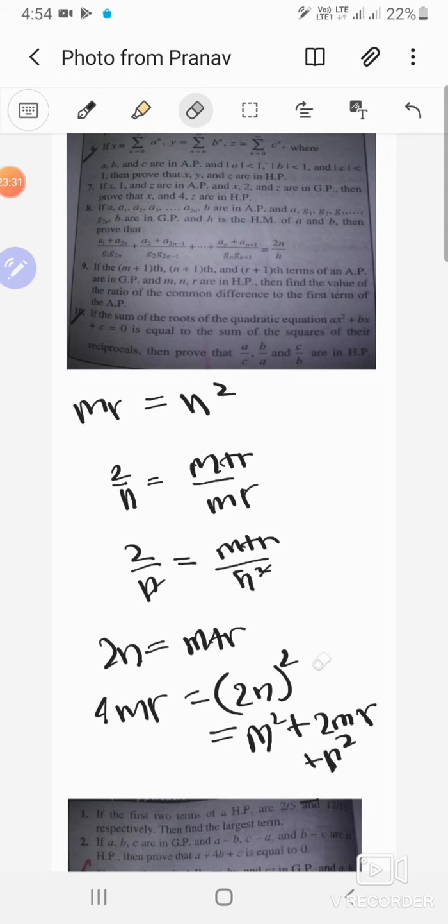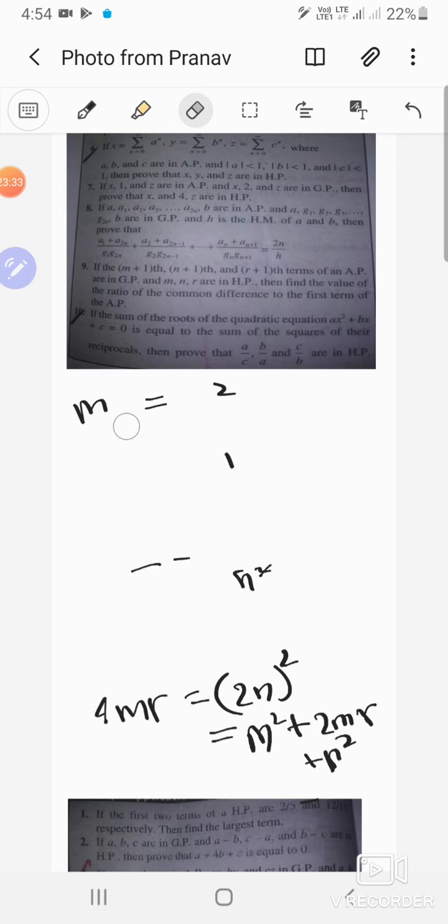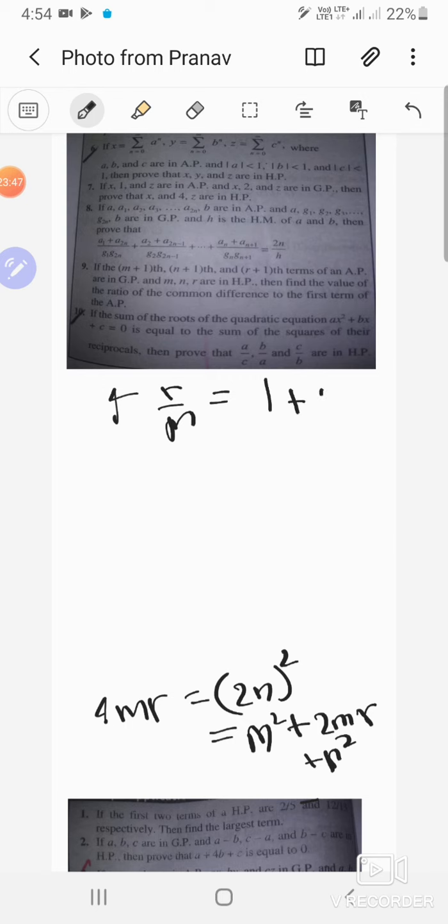Fine. And just erase everything else. This is weird. Let's divide by m squared. Yeah, that should work. So 4r by m equals 2r by m plus r by m whole squared. Call this thing x.